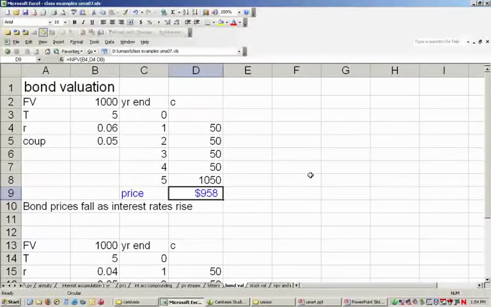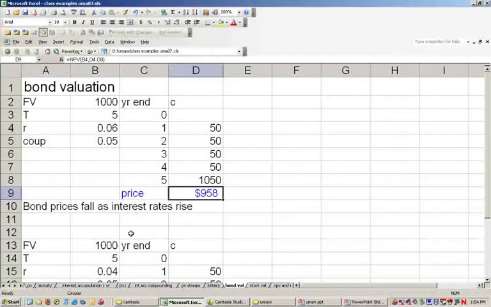A final interpretation is that the original bond buyers bought the bonds for $1,000 and are turning around 5 years later and are selling the bonds for $958. Hence, the original bond buyers are suffering a capital loss on their bond sale.